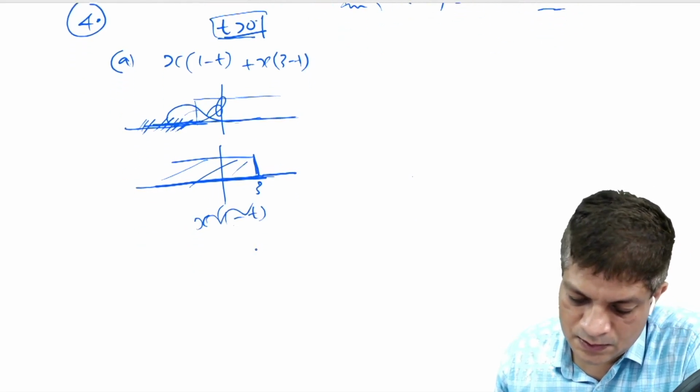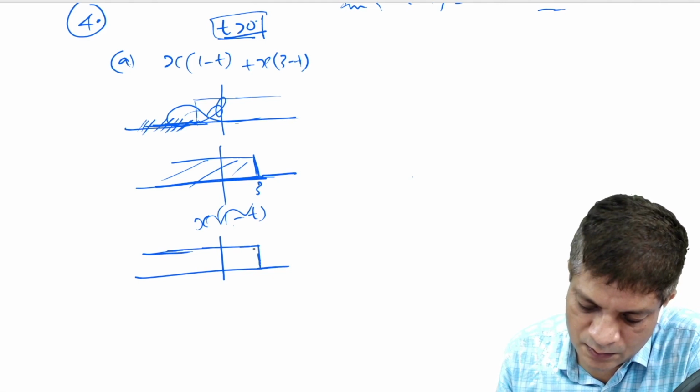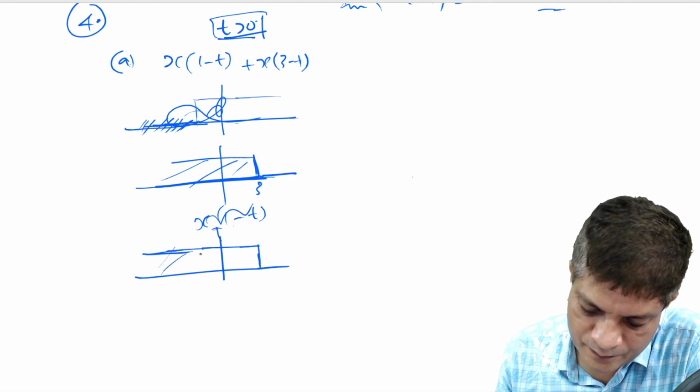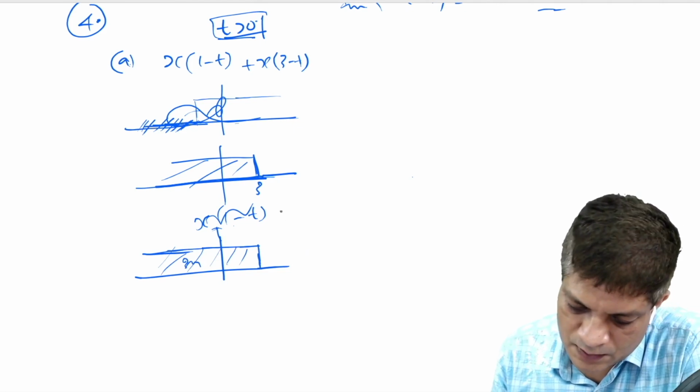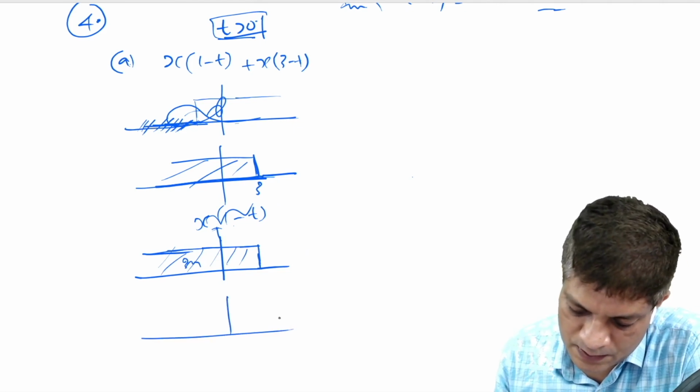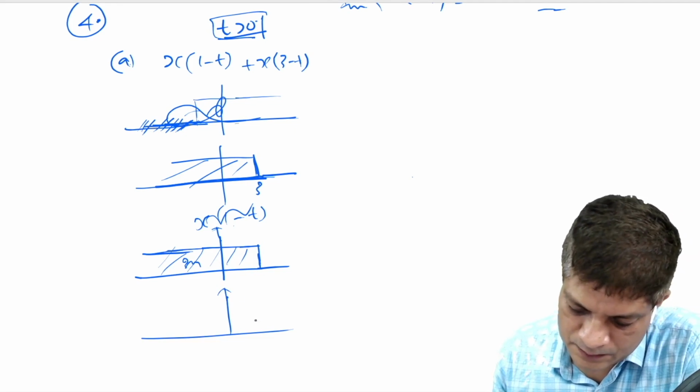Okay, so let us write it like this. This is saying that in this area it is 0. So if it is x(1 minus t), it would be t plus 1, that is shift left by 1 and take the mirror image.